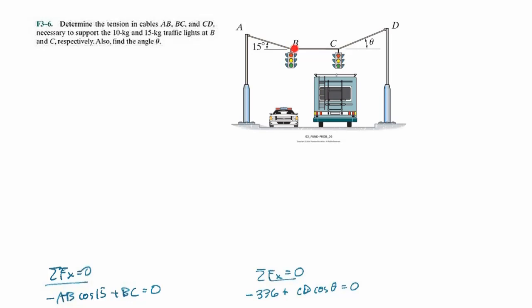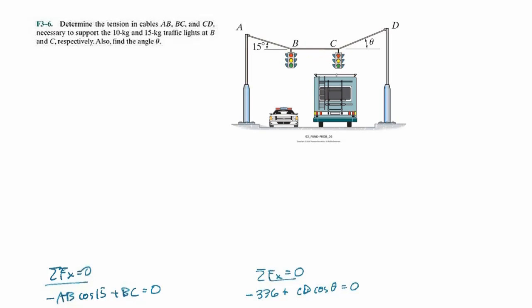First of all, you know that BC is pulling away from the joint there, and CB is pulling away from the joint there, and BC from this perspective and CB from this perspective have to be equal to each other because they are the same cable.